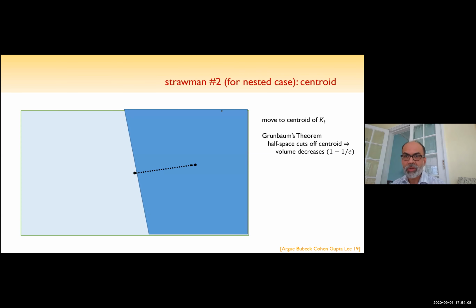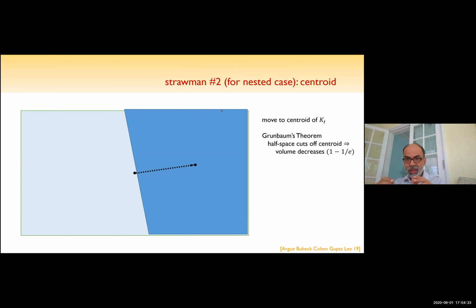Actually, formally, you can use a theorem due to Bruno Grunbaum that basically, if you cut off the centroid of the body, this is the center of mass. There's so many centers of convex bodies, it gets confusing, but this is the center of mass or center of gravity or the barycenter, 100 names for this. Okay, center of mass.